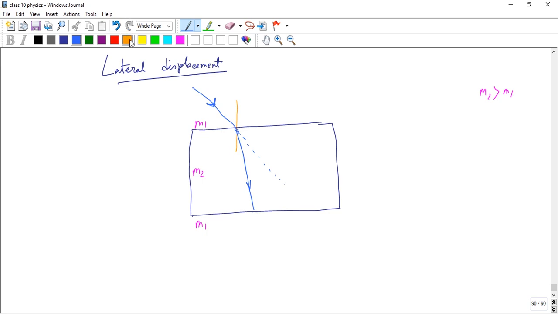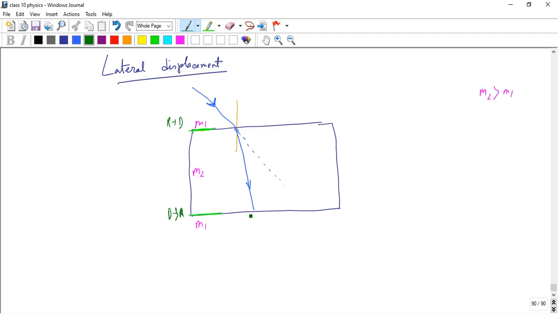Now we consider this path, the line of incidence, and this is the boundary. At this condition, light travels from the denser medium to the rarer medium. Here light travels from rarer to denser, and here from denser to rarer medium.